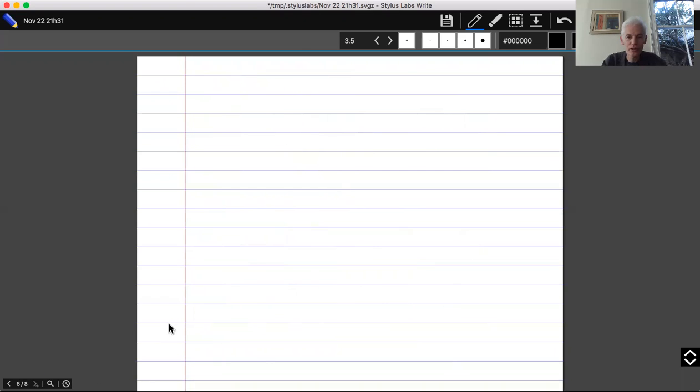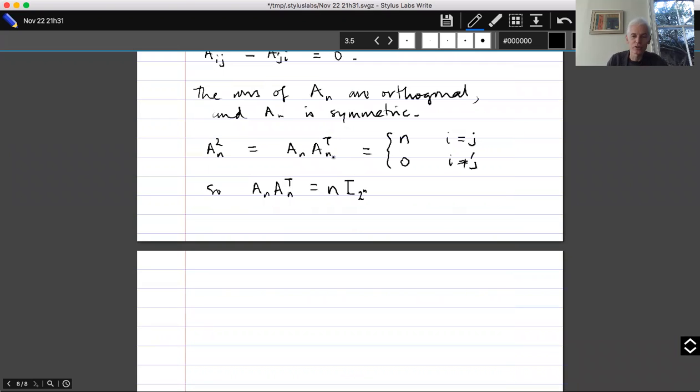Now, what does that tell us about the eigenvalues of AN? First of all, AN is a symmetric matrix, so it's got n real eigenvalues up to multiplicity.